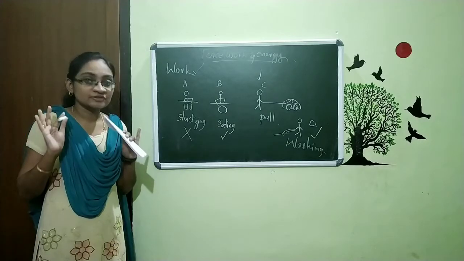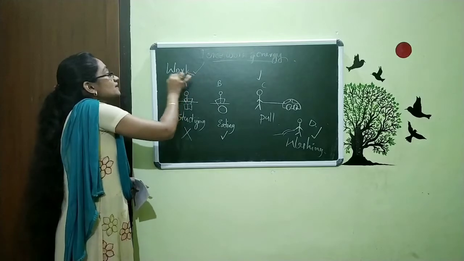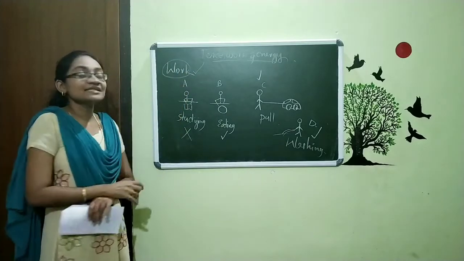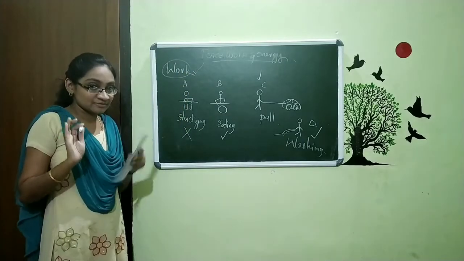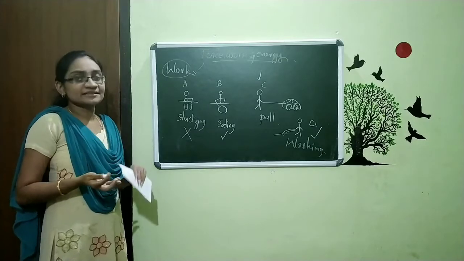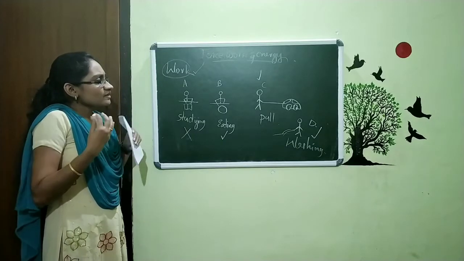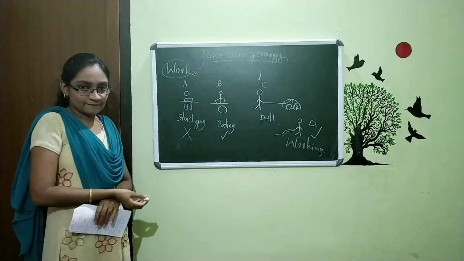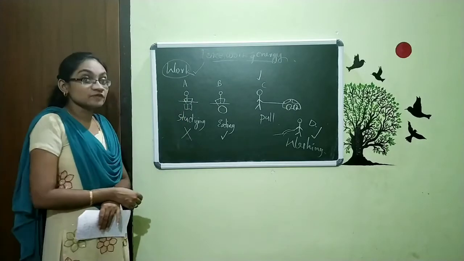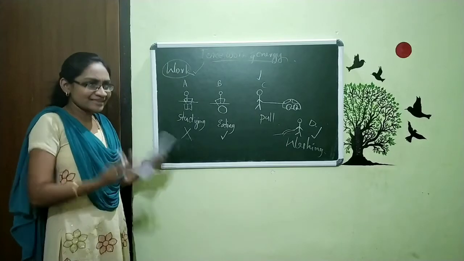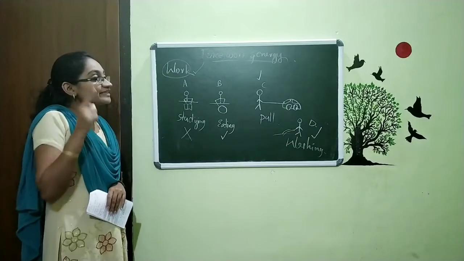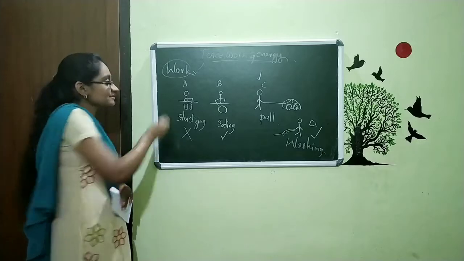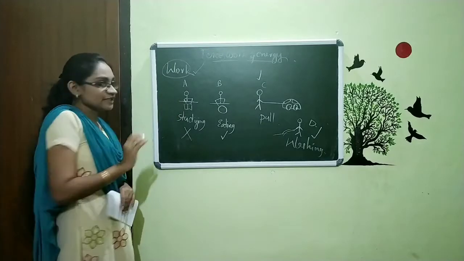Just keep in mind that work as we explain it in science is different from our general concept. Generally we can say this child reading is doing work, in common sense. But within the sense of science, this child is not doing any type of work.